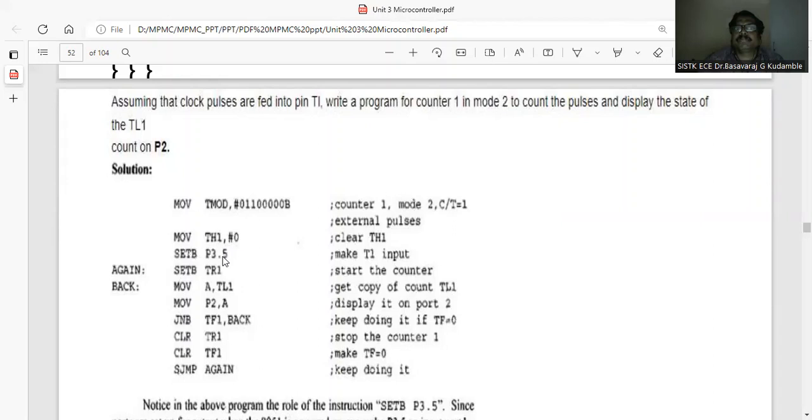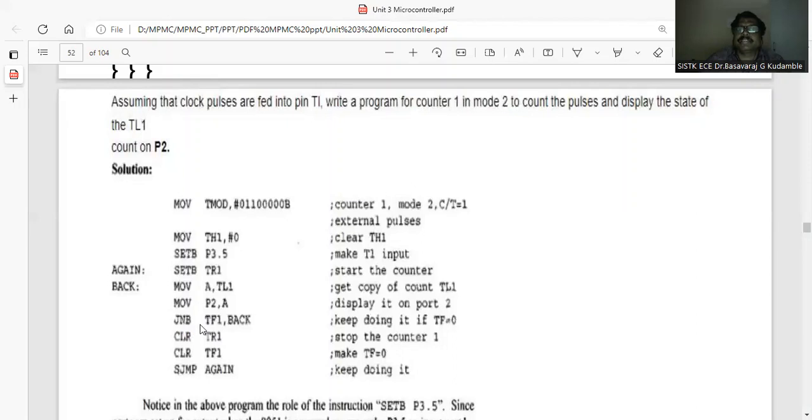Then set P3.5, to make this pin an input. Then set bit TR1, start the counter. Then copy TL1 every time, the count value goes into A and is sent to port 2. Port 2 will be connected as a display. You can see the count value every time.